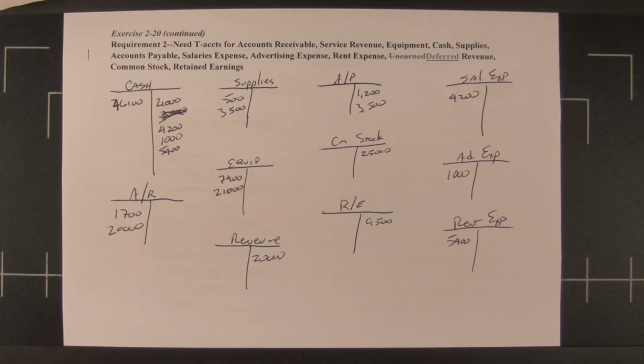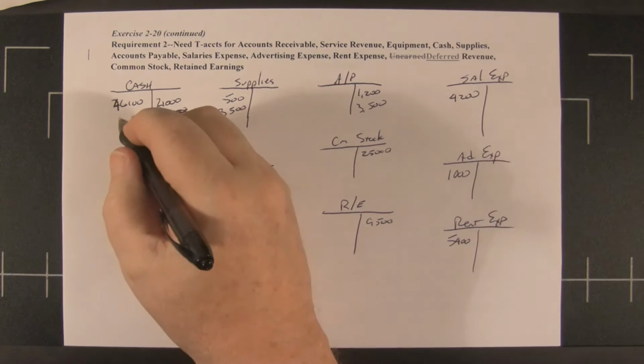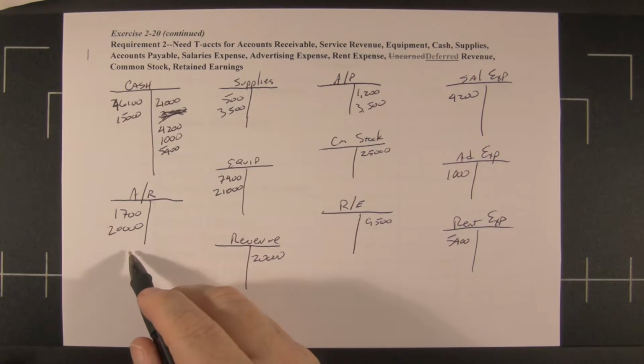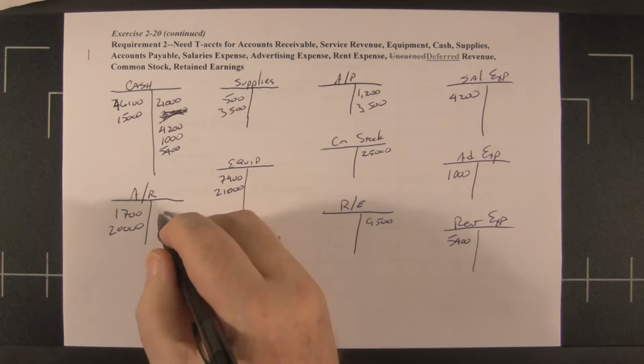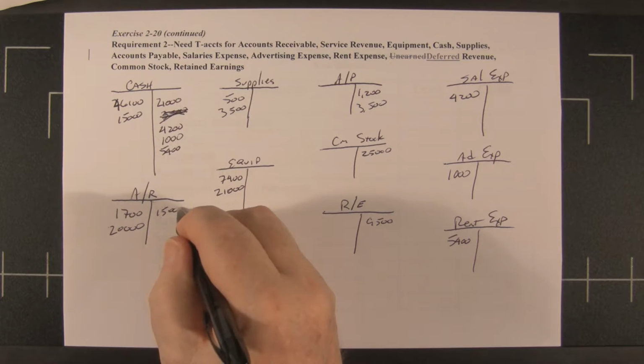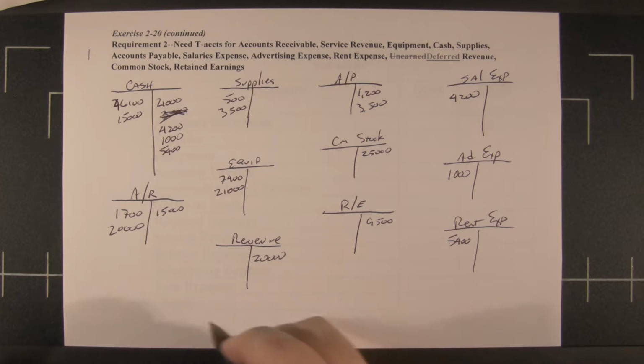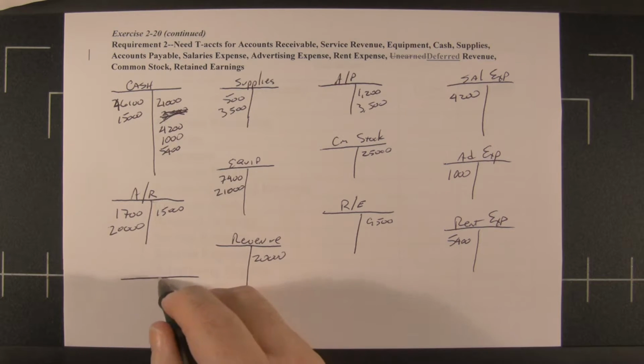And then on the 26th, we received $15,000 worth of cash from our accounts receivable. So we credit accounts receivable and debit cash for $15,000. And the last transaction of the month, we get some unearned revenue, deferred revenue.